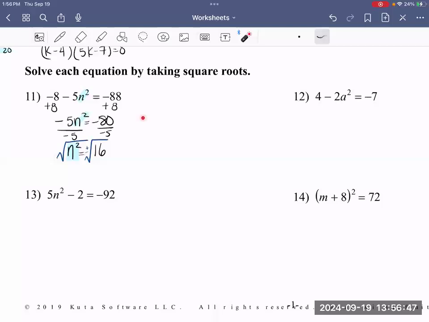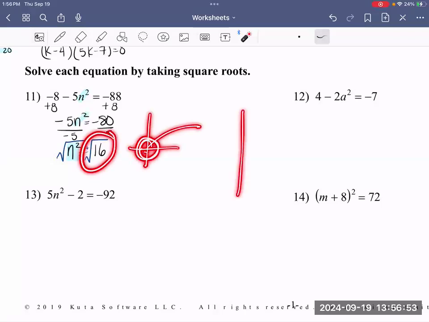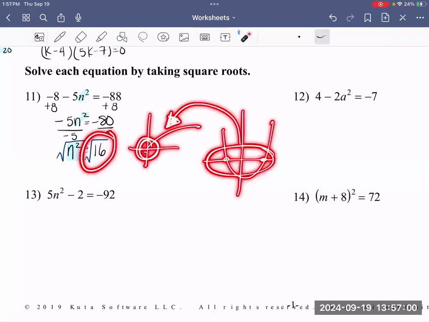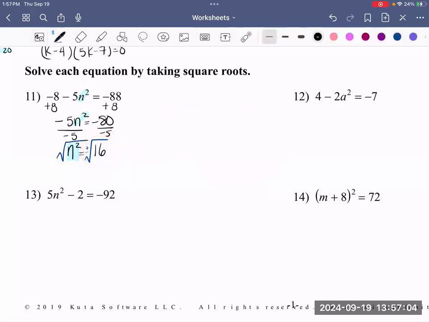The reason for that is that your square root graph only has one solution, whereas your parabola has two. So we went from two solutions into one, so we miss a whole solution. So that's why we have to add your plus or minus sign. So n is equal to the square root of 16 is 4, and then we're adding on that plus or minus 4.